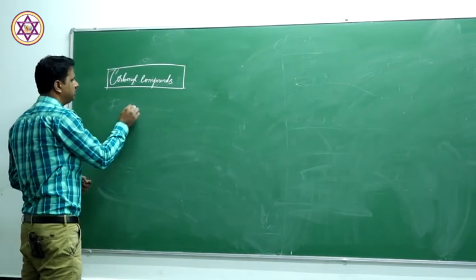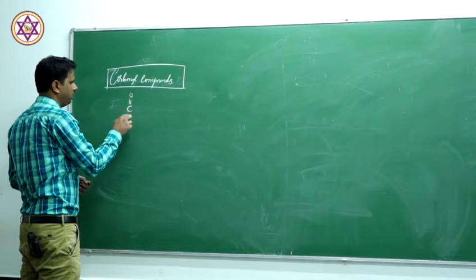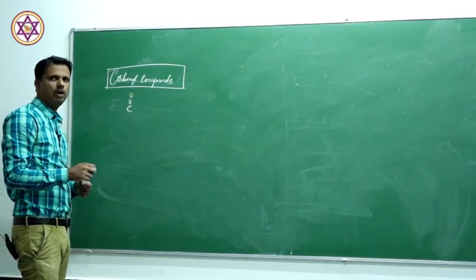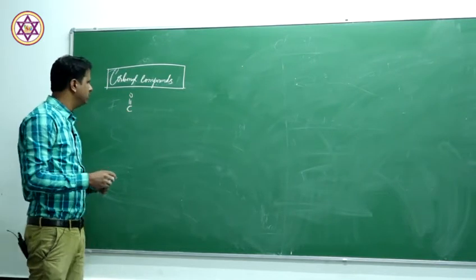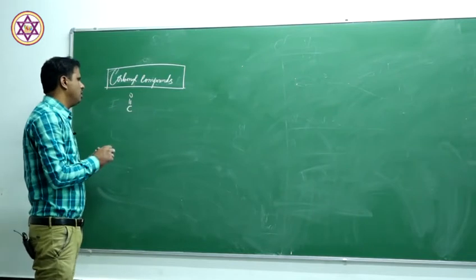Now, I can simply tell you that functional groups which contain this group, that is C double bond O, are called carbonyl compounds. This is a carbonyl functional group.